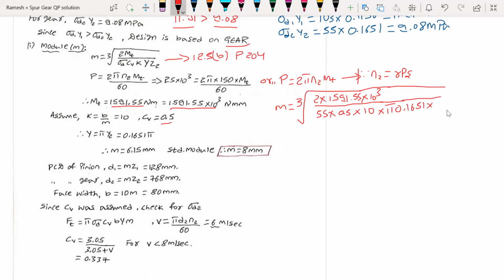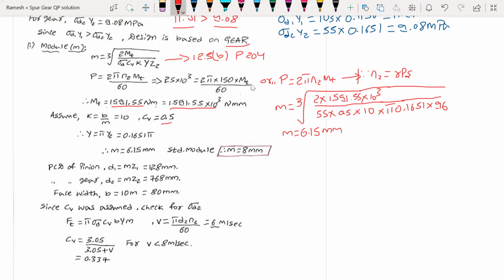Therefore, Z2 value is 96. Cube root of this will be m. I am going to get it as 6.15 mm. Okay, and from the table you have to select the standard module.